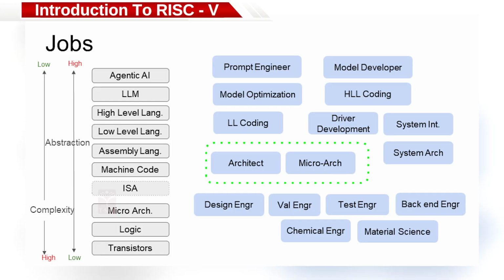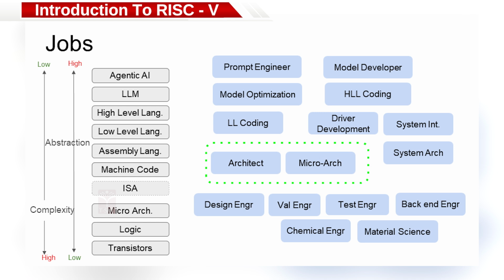And if you come a little bit lower in the stack, at the system level, there is driver development, system integration effort, system architecture effort. This is not supposed to be comprehensive, I just listed various typical jobs.